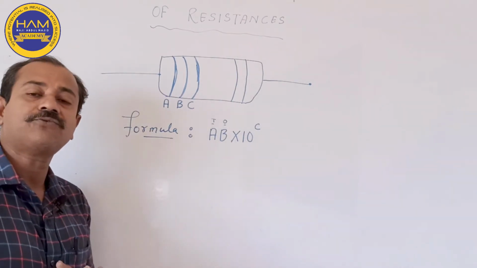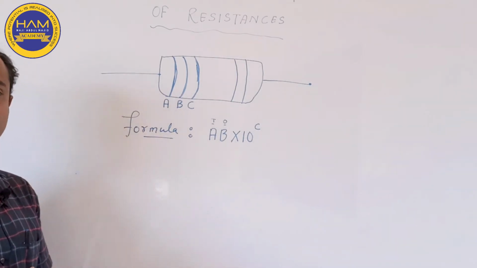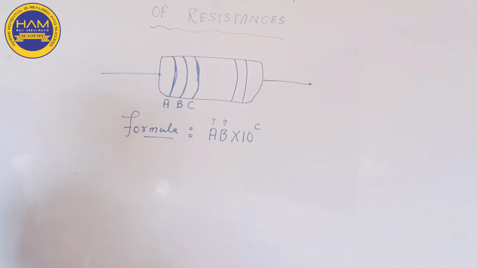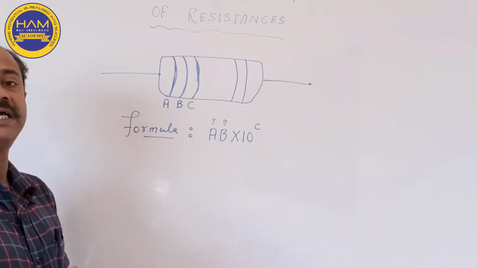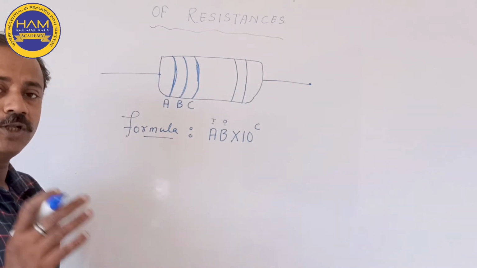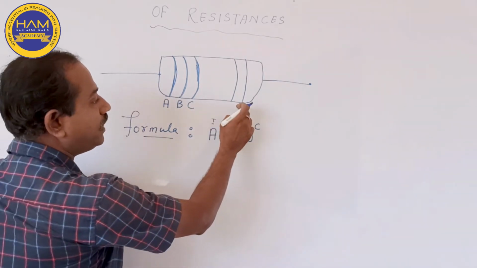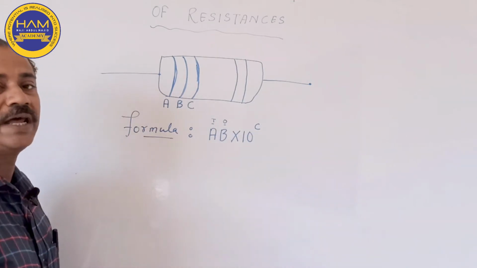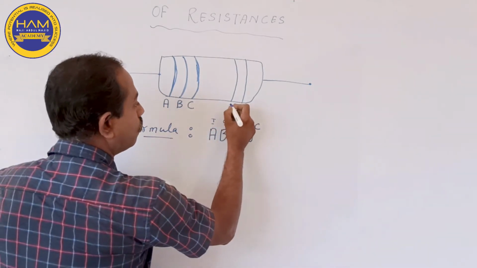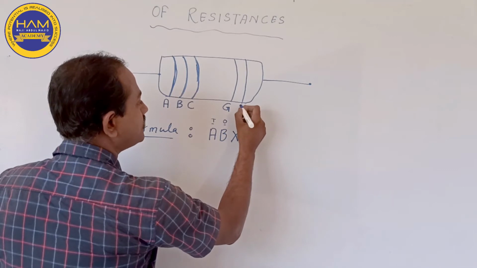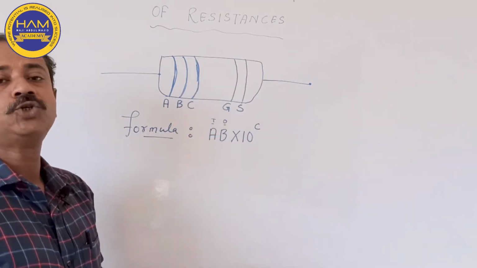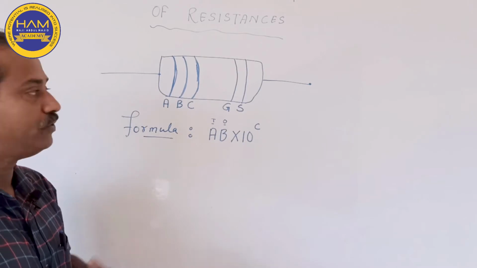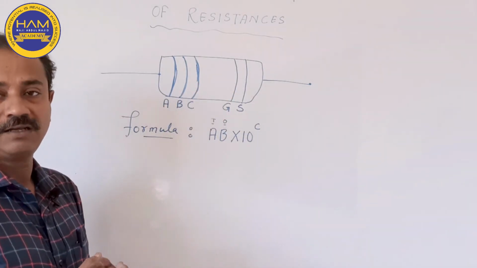Now we see there are various colors on the resistances, and from that we can verify what sort of resistance it is and what the value is. You also wonder, what are these two lines for? These two lines are for the gold and silver band. These are two bands which show you the tolerance which this resistance can have.